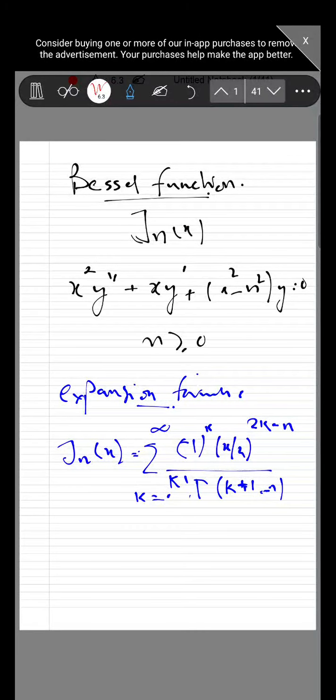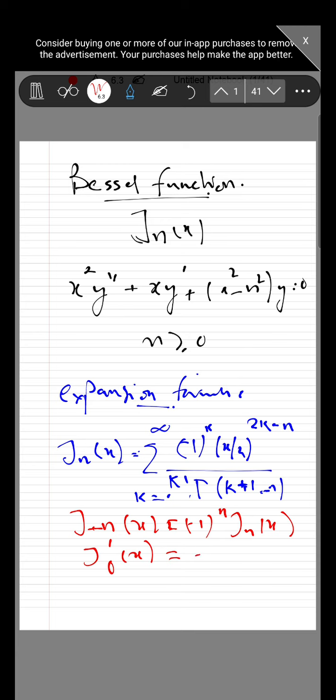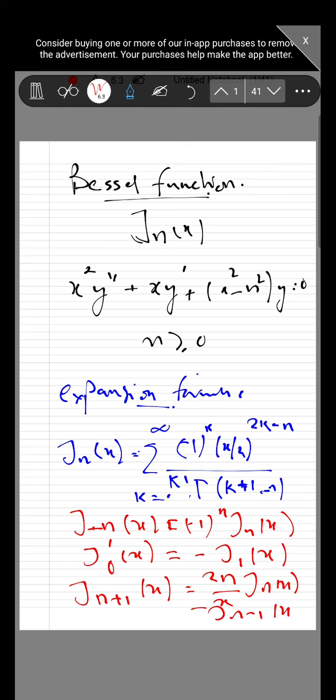The first property is J_(-n)(x) is equal to (minus 1) to the power n J_n(x), where n is an integer. The second property is J_0 dash (x) is equal to minus J_1(x), and the last property is J_(n+1)(x) is equal to 2n by x J_n(x) minus J_(n-1)(x).